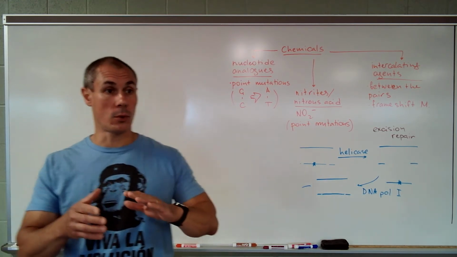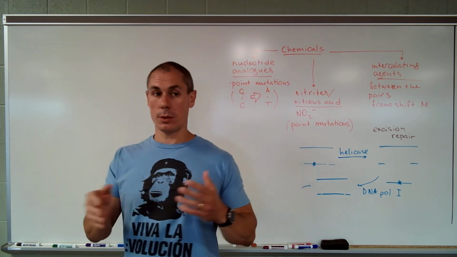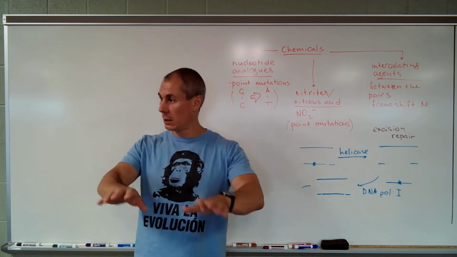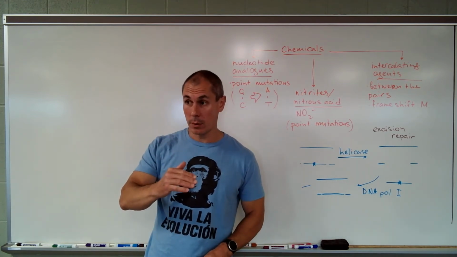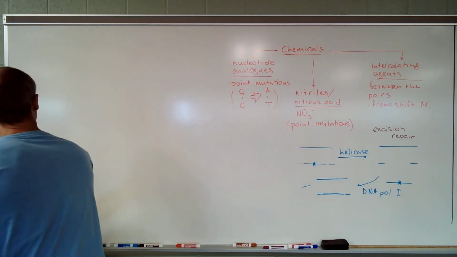I don't want to introduce some new species, so I'm going to use basically the same example that's in the lecture notes, but I'm going to go through that step by step, and I'm going to walk you through this.